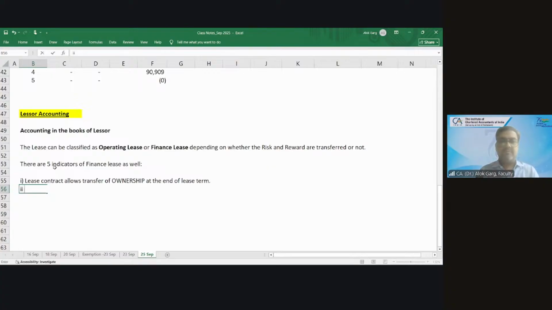Number two, purchase option is available at the nominal value of exercise price, that is lower than the market value.